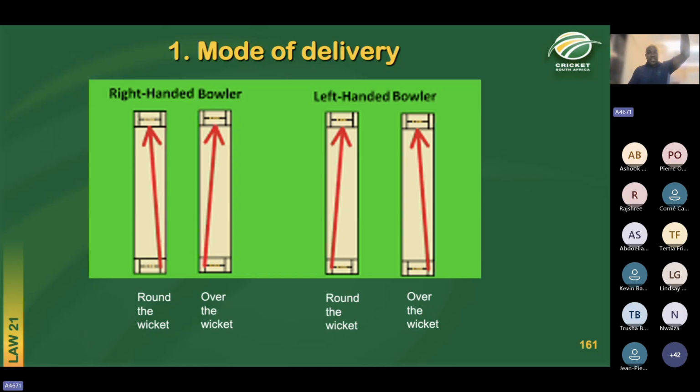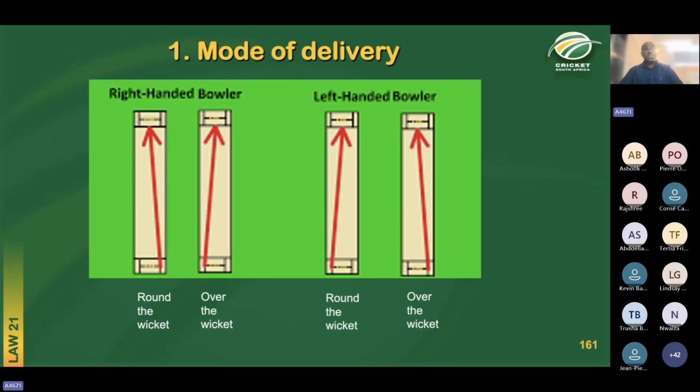And if the left-hander is bowling and the stumps are here, then it would be left arm around the wicket. So as and when a bowler decides to change their mode of delivery, the umpire needs to be informed. And the law actually states that it is the prerogative of the umpire to find out the mode of delivery from the bowler.